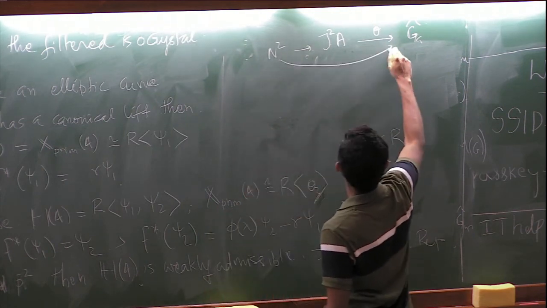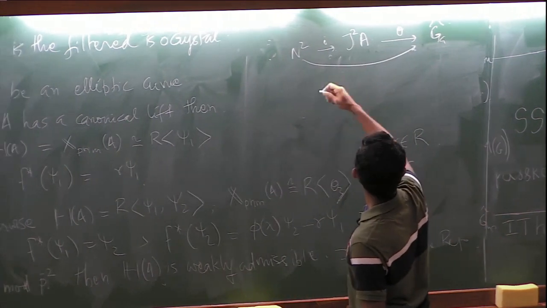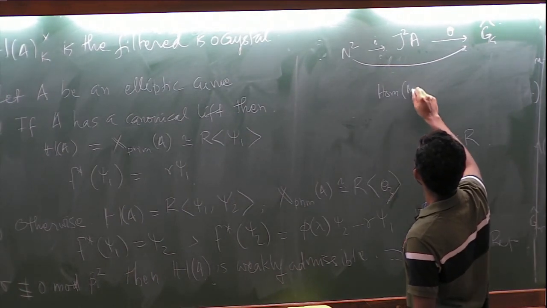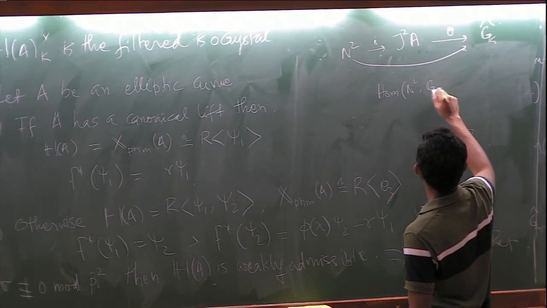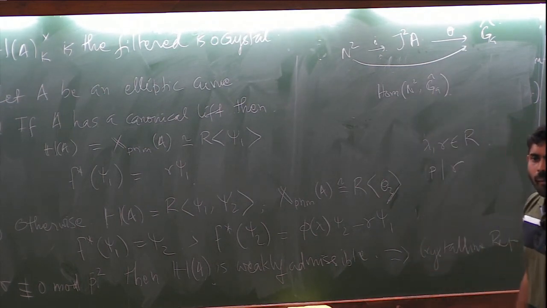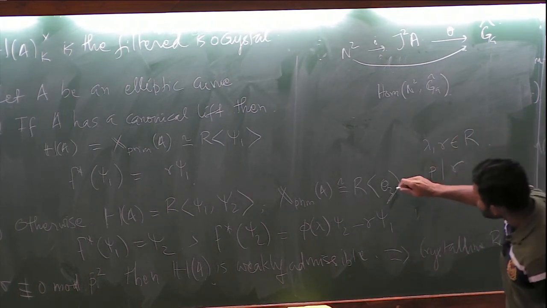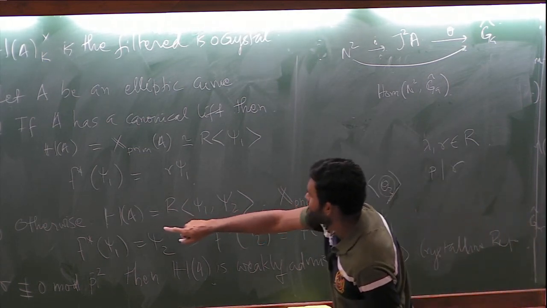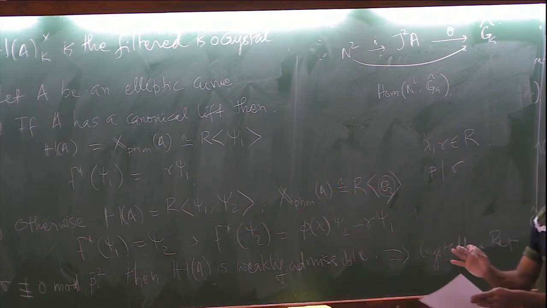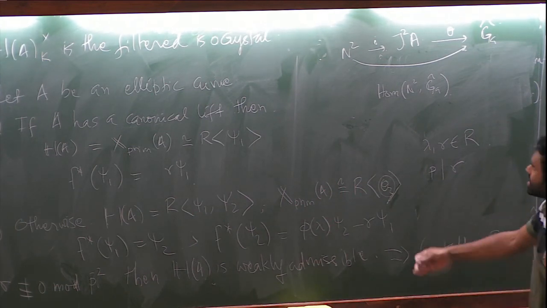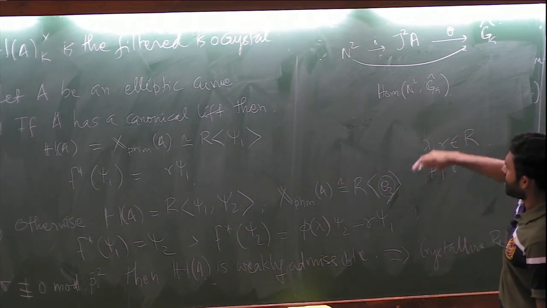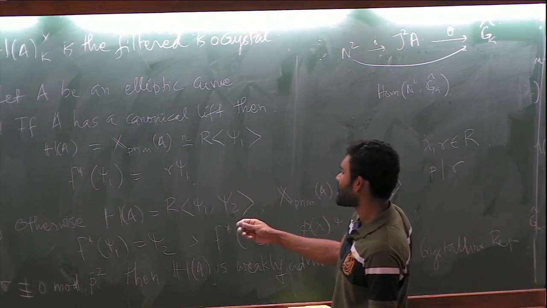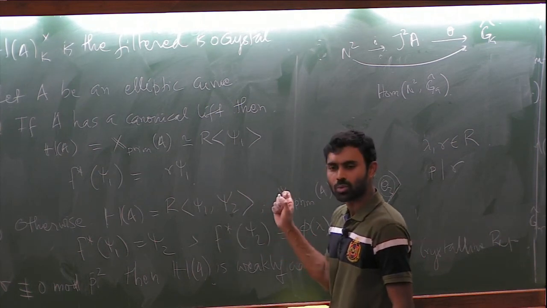So the composition will be, say this is the I, the image of theta in Hom N2 G_A hat. And this is the image of theta 2 inside H of A, because H of A is a quotient of Hom N_n modded out by something. So that's it. And this psi 1 and psi 2, they are representatives of some character out of N1 and N2.